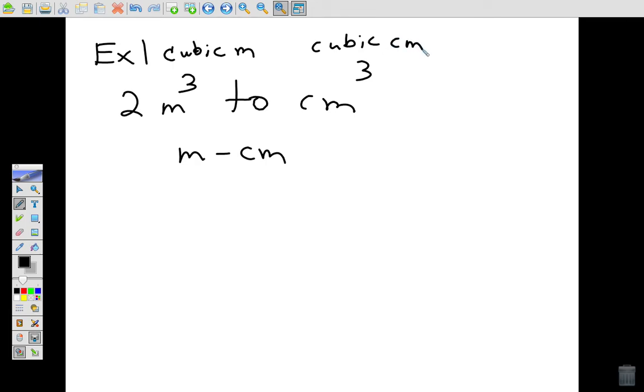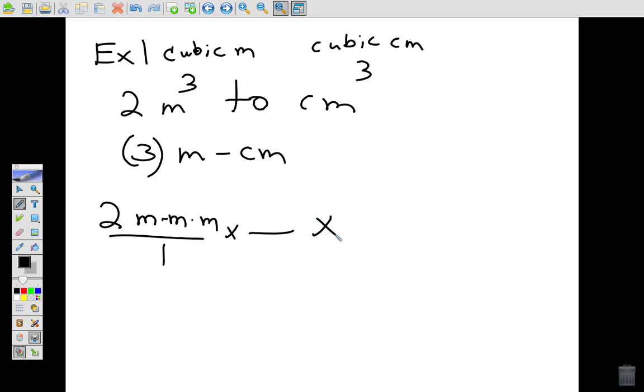It means 3 of them, right? Area was 2, volume is 3. So I'm actually going to use this multiplier 3 times. So I have 2 meters cubed, and I'm going to write that out, meters times meters times meters, and I'm going to have 3 of those unit multipliers, with them all being the same. So I put my m's in the bottom, I put my cm's in the top.